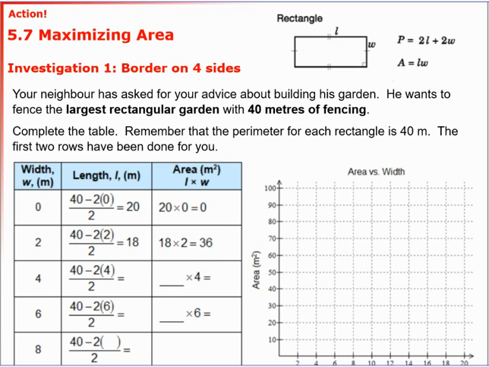He wants to fence the largest rectangular garden with a set amount of fencing, like he has 40 meters of fencing. That's all. And he wants to make the greatest area. That's what you'd want to be efficient, right? You'd want to have the least amount of perimeter, but the greatest area, because if your area got bigger, you'd have to buy more fencing.